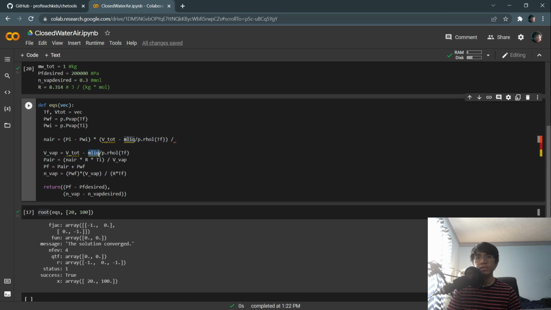So we do mass of the liquid over the density of the water at the final temperature. And I think I just remembered what we were forgetting, but we'll just finish this right here. We have volume vapor done, and then over our universal gas constant times temperature initial. And if you are having trouble following where I wrote these, they are just from what we wrote.